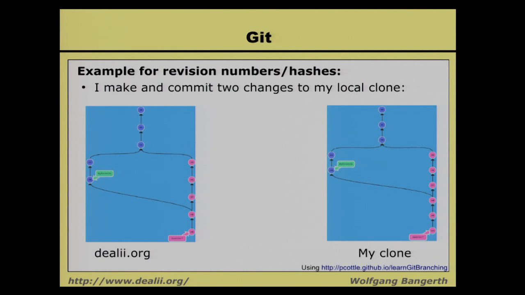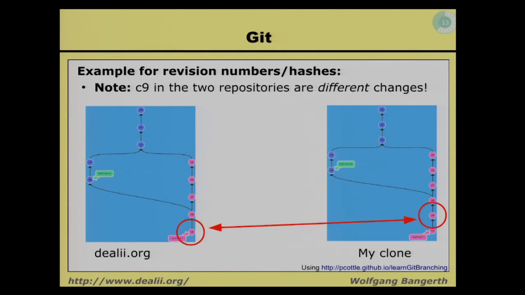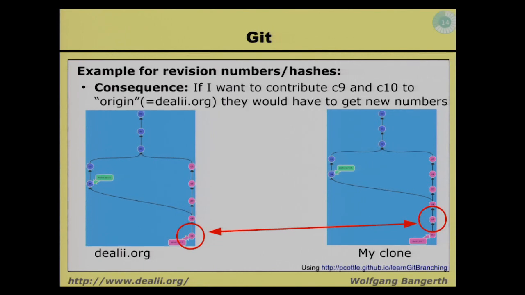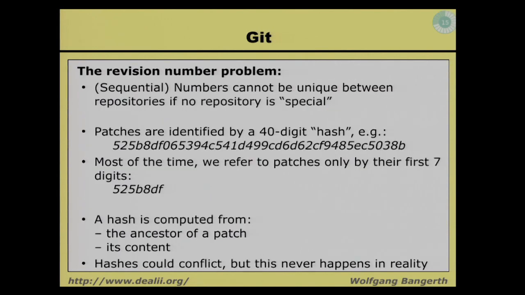Let's say these two disagree. We need to come up with a new way of numbering. These are these hashes. Instead of numbering things, we identify each patch with a hash. It's a 40-digit hexadecimal number. Most of the time, we actually only use the first 7. I don't really know why 7, probably because it's unique enough.